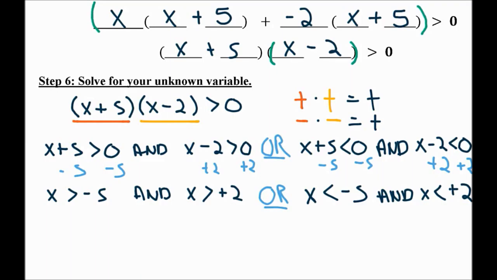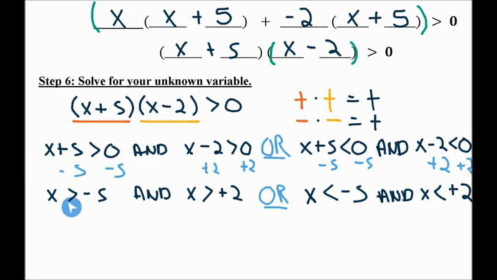So, that being said, let's actually look at each of these constraints, or each of these inequalities, and see if we can narrow it down to an easier expression to understand. So let's look at this first set of inequalities. What this is saying is that x has to be greater than negative 5 and x has to be greater than positive 2. Now, let's think about these constraints for just a moment.